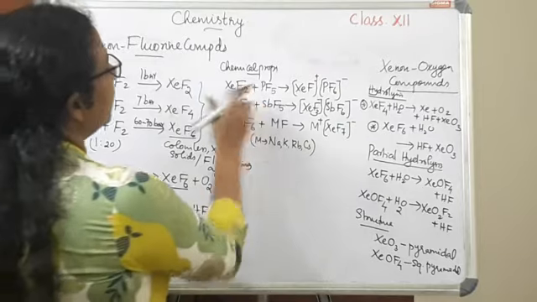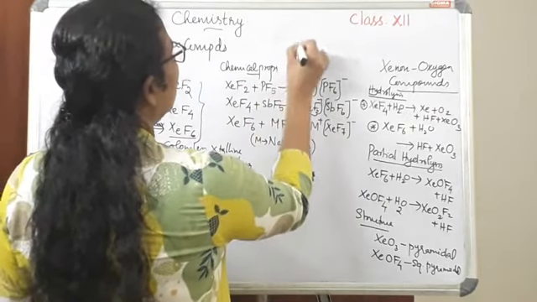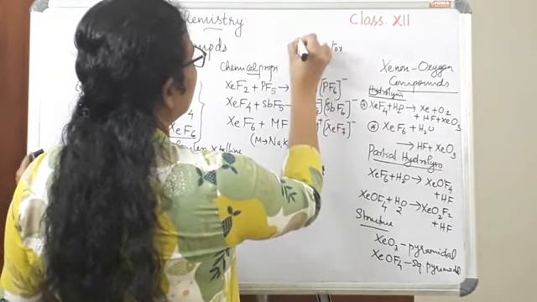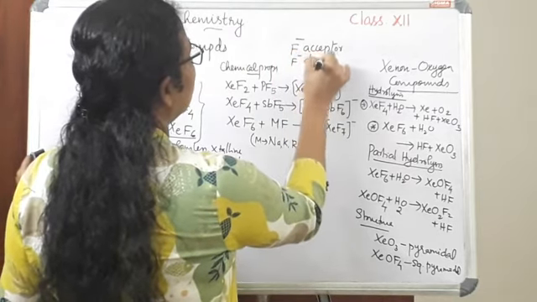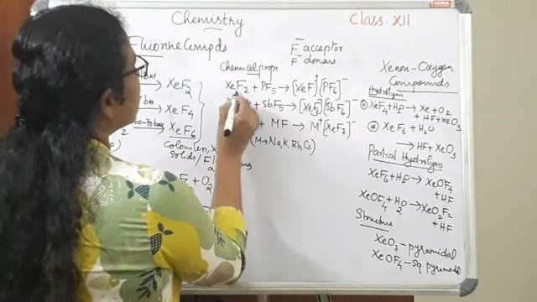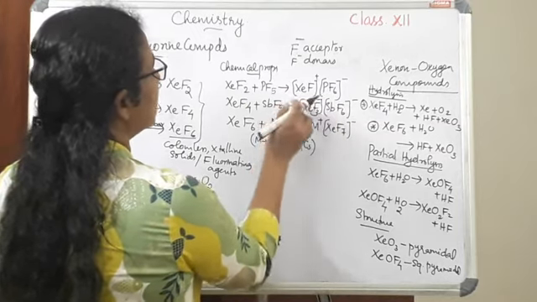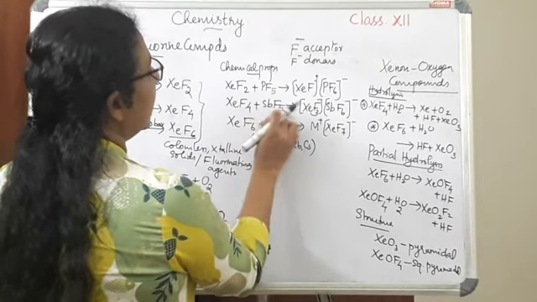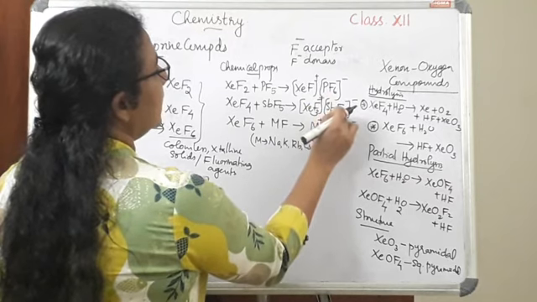Then comes chemical properties. First of all, there are fluoride acceptors, not fluorine, fluoride acceptors and fluoride donors. In the first equation, XeF2 plus PF5 gives XeF+ plus PF6-. Second equation, XeF4 plus SbF5 gives XeF3+ plus SbF6-.